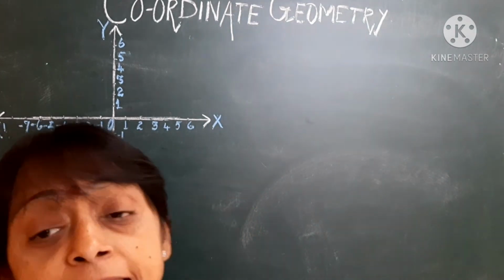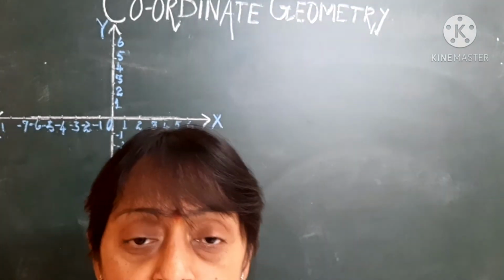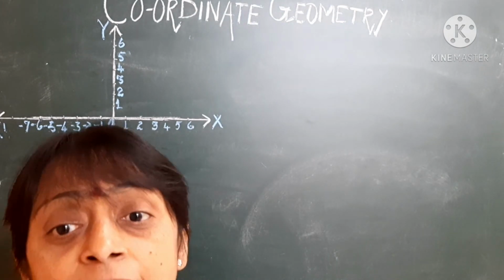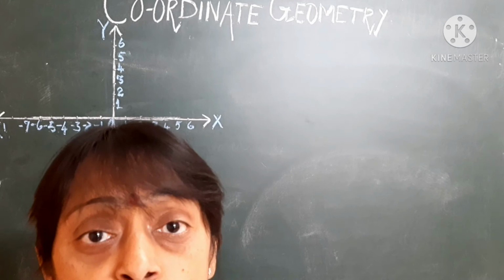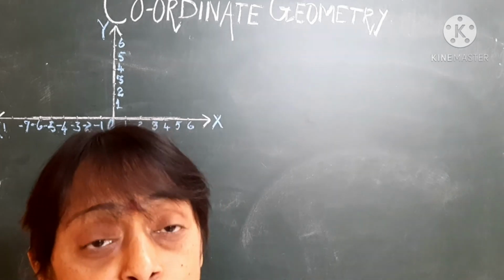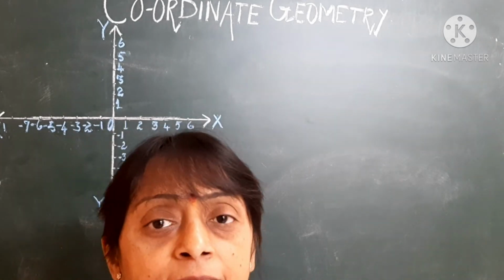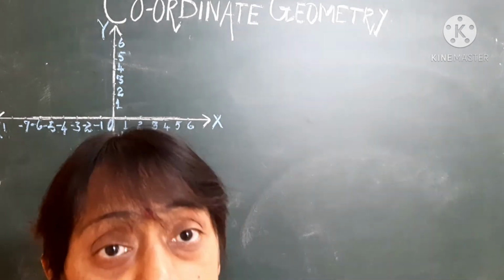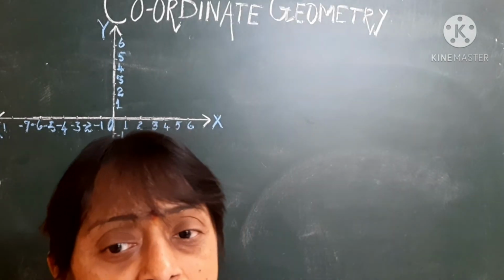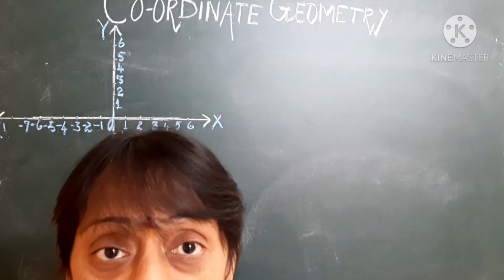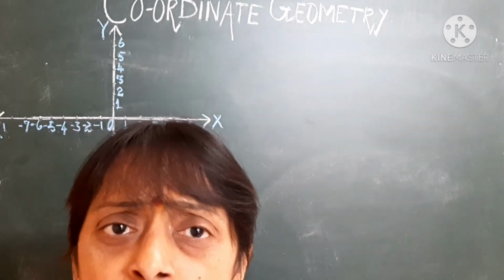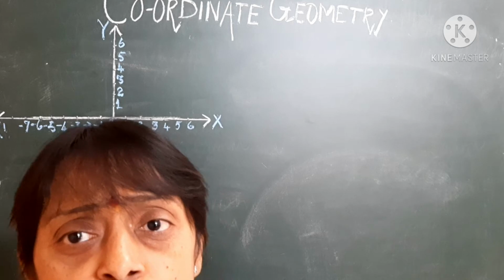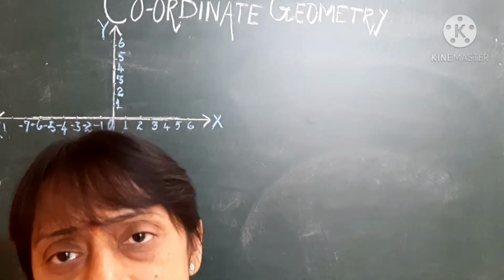We know it is that branch of geometry which is used in study of points in relation with coordinates to uniquely determine the position of points on a manifold such as Euclidean space. We always talk about Cartesian coordinate system.